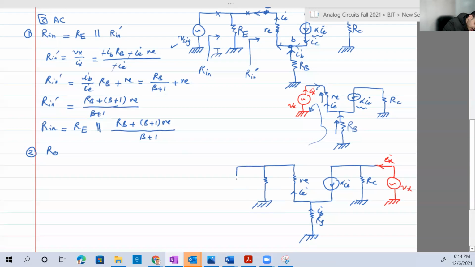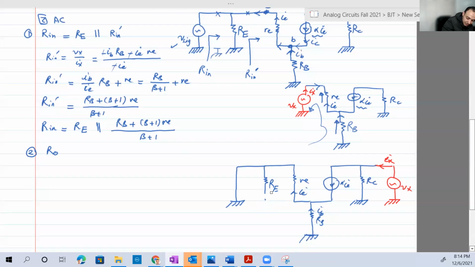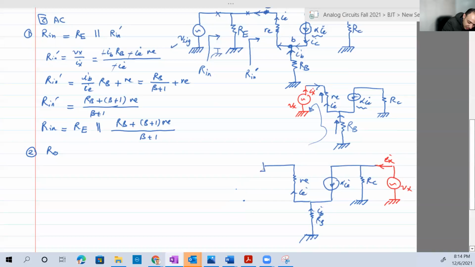So there will be a short like this. So you have now RE parallel with a short. So the equivalent will be just a short. So we can just remove that RE. That's it. Just make it shorter to have more space to write.